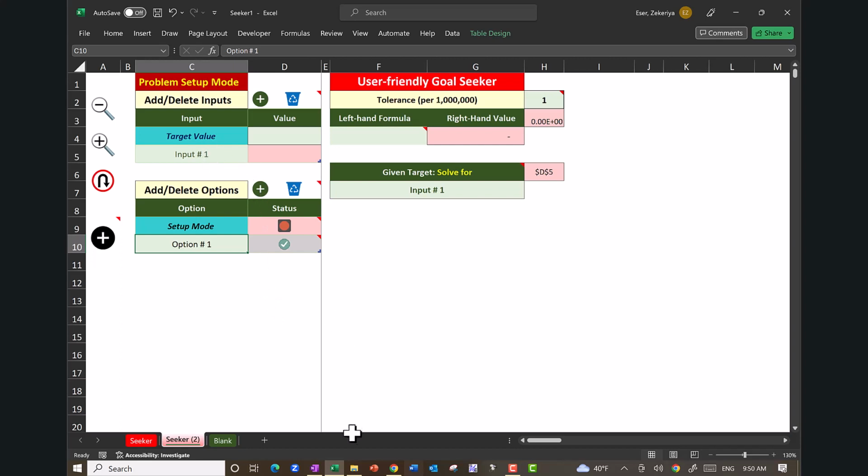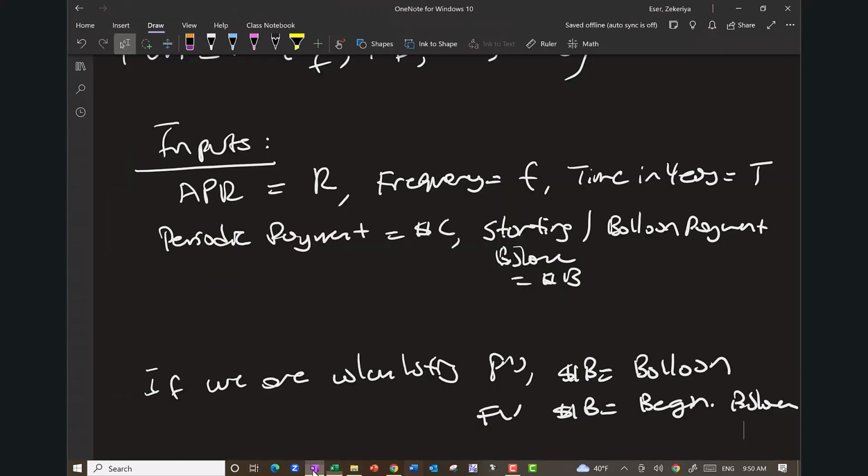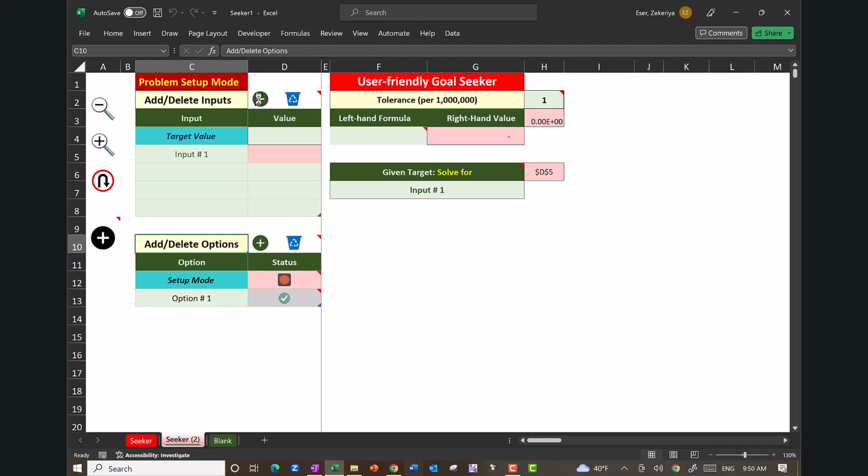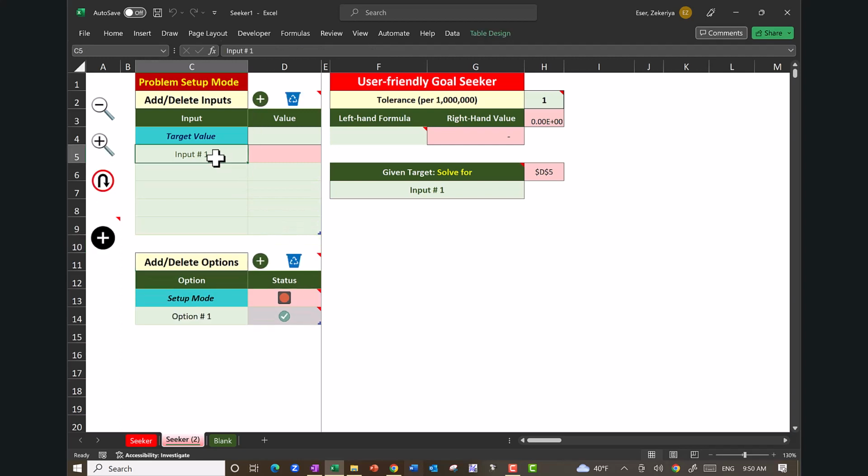Okay, let me see my inputs. My inputs are R, F, T, C, B. There are 5 of them. My default has only 1 input, so I'm going to add 4 more. So first, APR. I'm going to be kind of an anal guy about it.